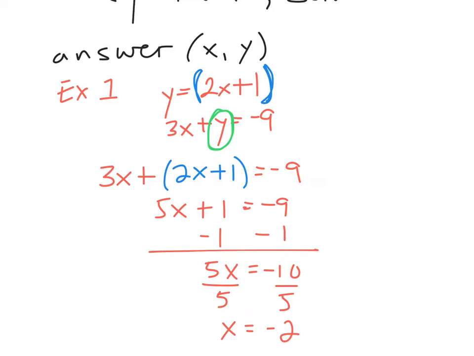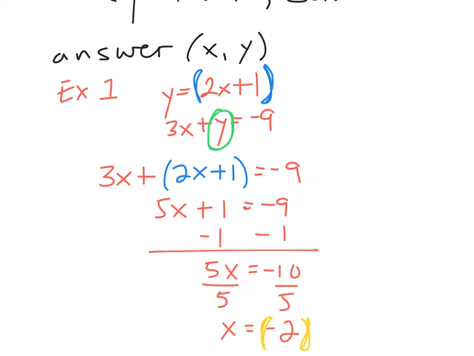So now the second phase of this, or the third phase I guess I should say, is taking this particular answer and replacing it in either the first equation or the second equation. And it doesn't actually matter which one you choose. You are looking to use this -2 over here to replace either this x here or this x up here in the first equation.